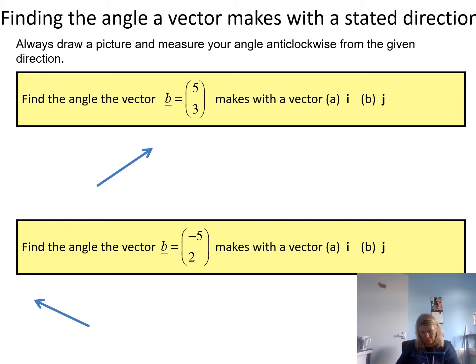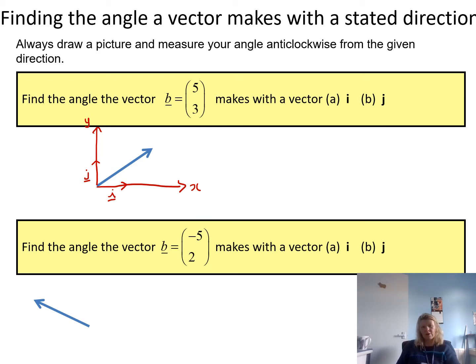So this is a vector, it's going along 5 and up 3. That's what that arrow is meant to be suggesting there. So if it was doing that, this would be our y-axis and that's your x-axis. And if you remember, the i is just 1 unit in the x and the j is 1 unit in the y.